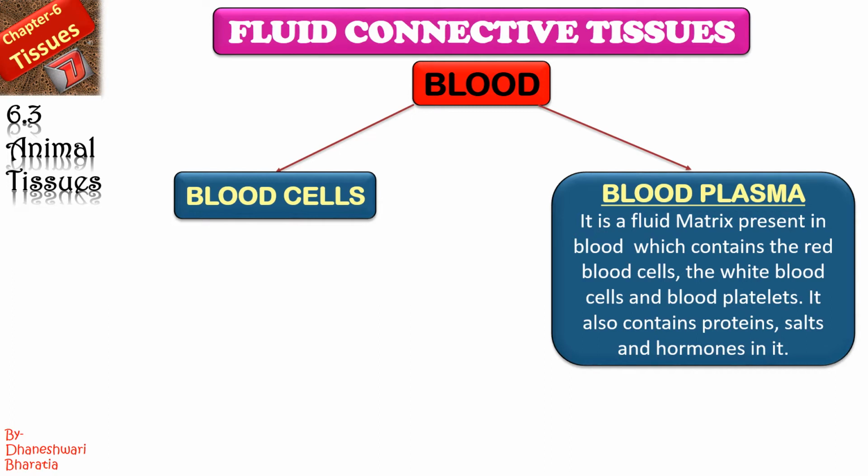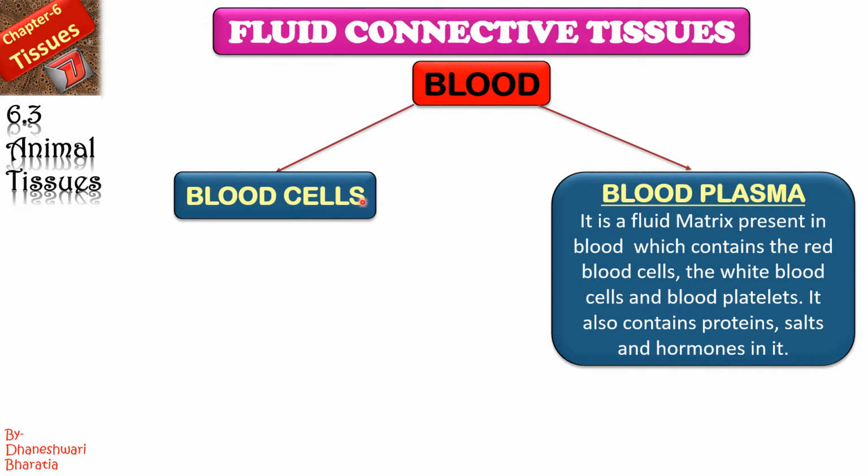Now what is blood plasma? It is a fluid matrix present in blood in which all the blood cells, RBCs, WBCs and blood platelets, are suspended, plus it also has proteins, salts and hormones in it. Am I clear?